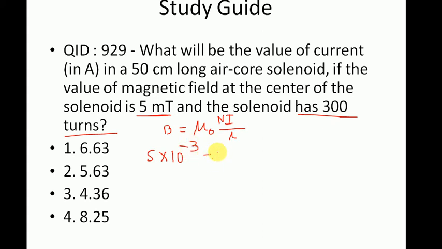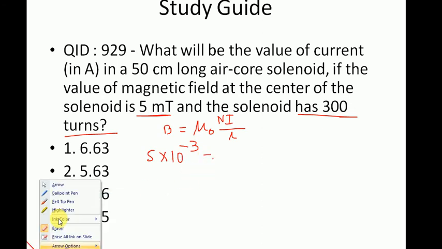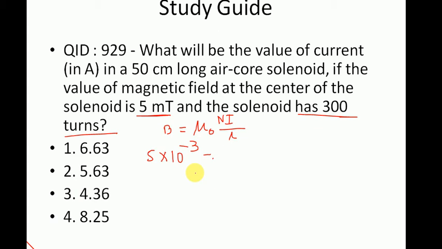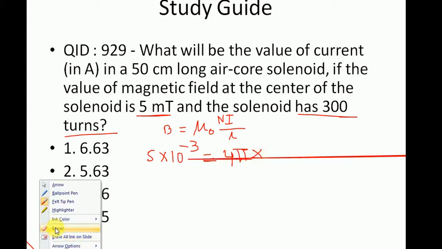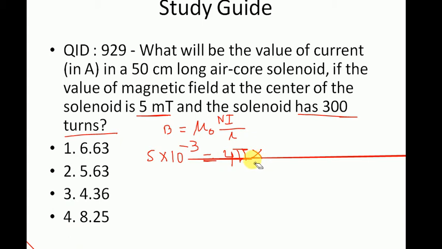Okay, what is the value of the mu naught? Mu naught is 4 pi into 10⁻⁷.